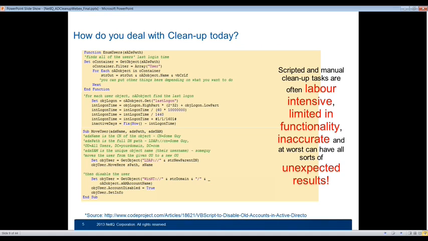So not only is it limited in what it does, but without an absolutely clear understanding, there's a potential risk there. An example of that, I saw a large civil engineering company who ran a script that they'd written theoretically to clean up inactive accounts, so accounts that were able to log in but hadn't logged on in the last 60 days.